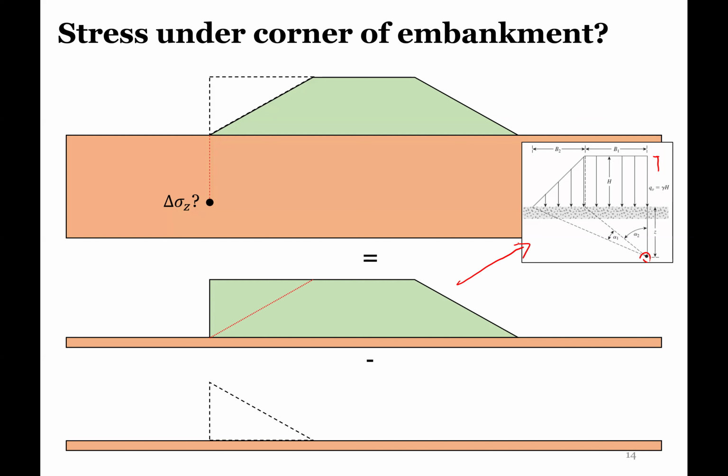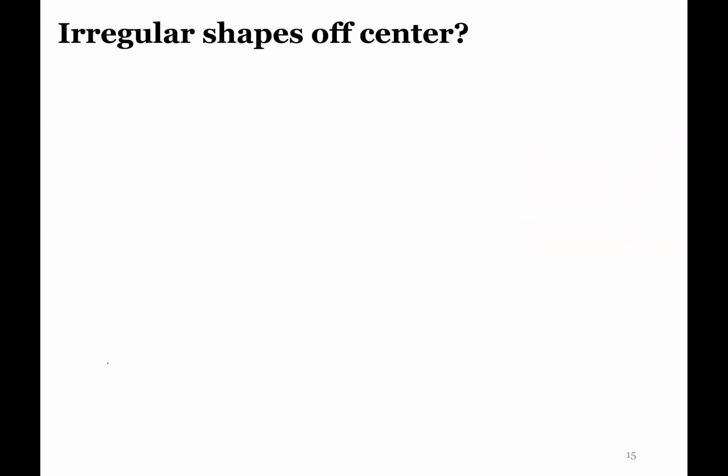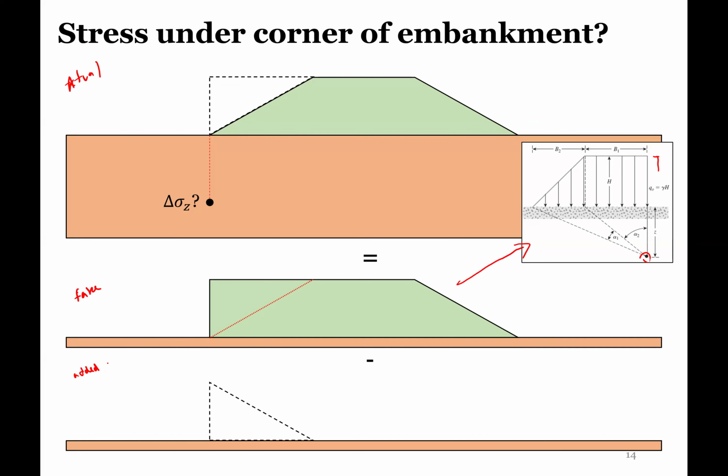So the true part, looking at the top, this is the actual. We're going to say this is equal to our fake or our pseudo one minus the thing that we added there. So the full embankment, just so we can help with the math, and then we're going to subtract out that delta sigma Z due to this added triangle. It's the same steps. You would just have to find an I2 here for this one, and then you'd have to find a similar I2 here.